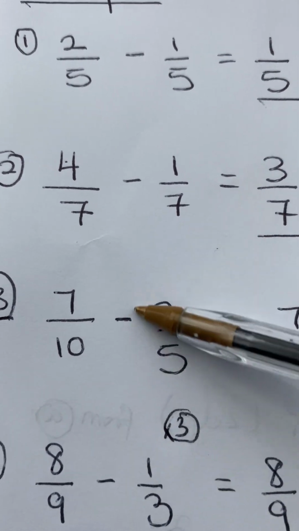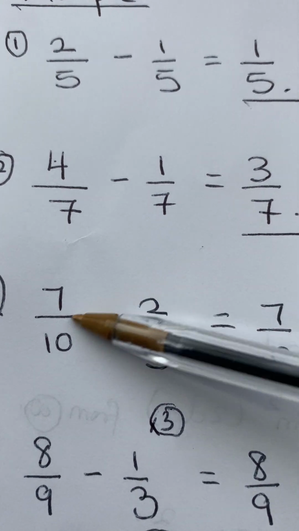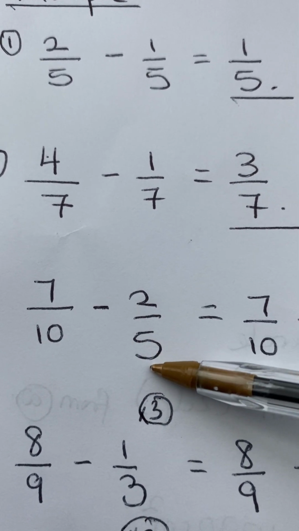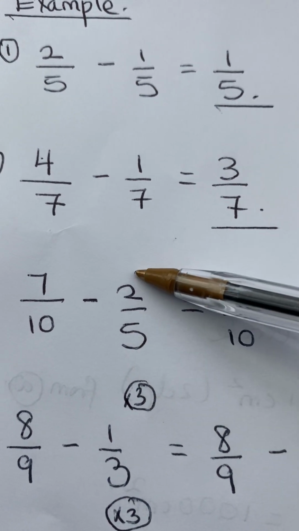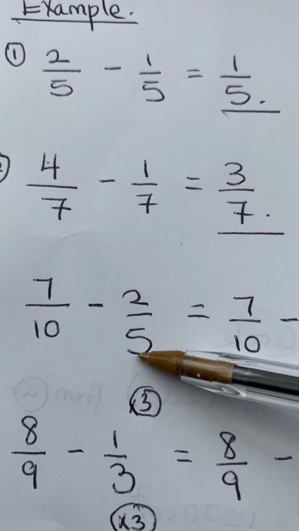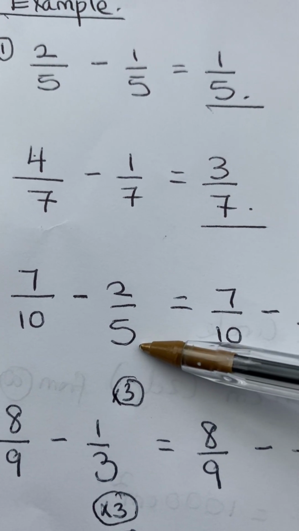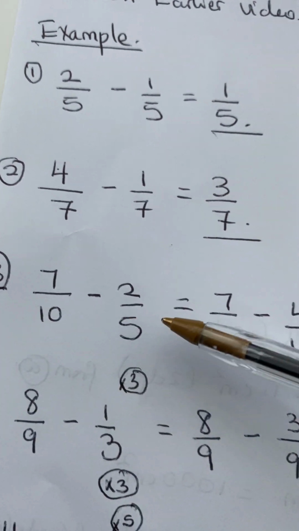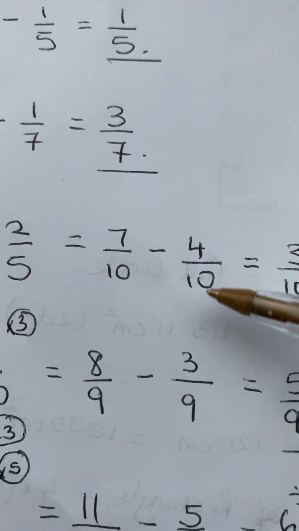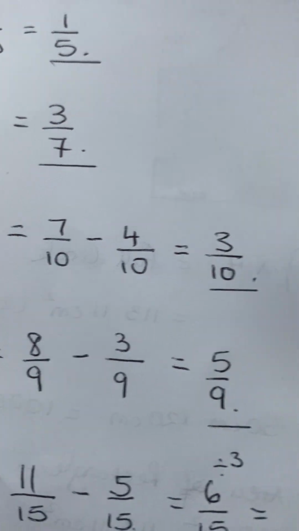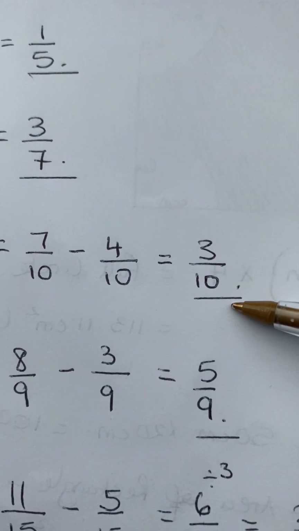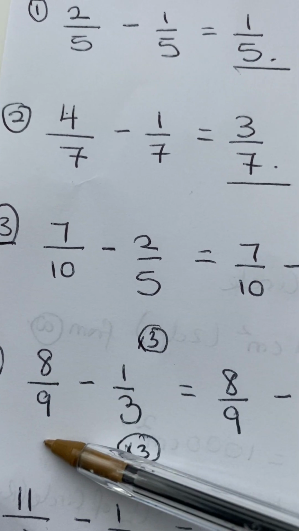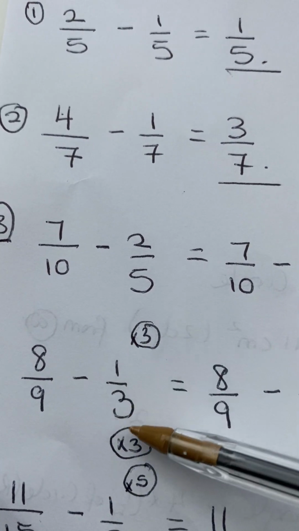Now, the denominators are not the same, so we need to make the denominators the same. Here 2 over 5 becomes 4 over 10, which we have here. So 7 over 10 minus 4 over 10, which is 3 over 10. Next, 8 over 9 minus 1 over 3.